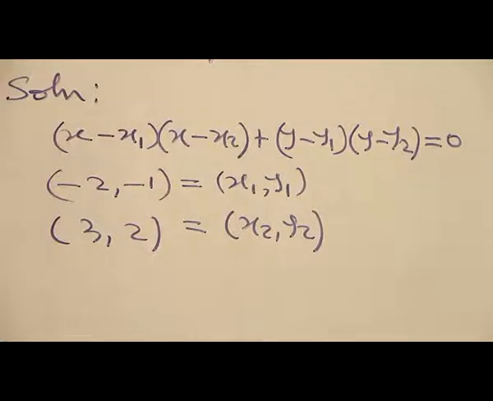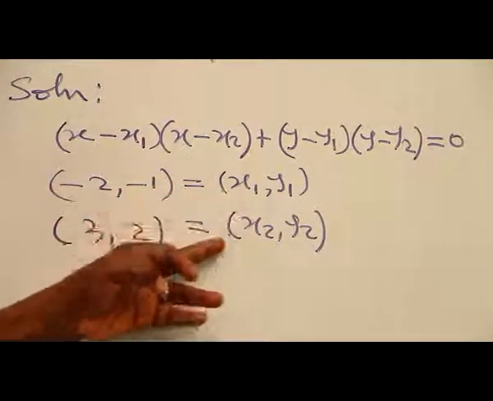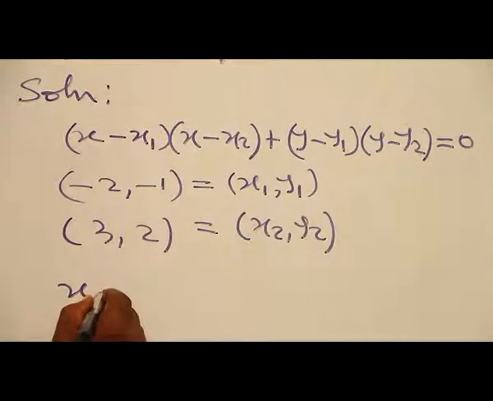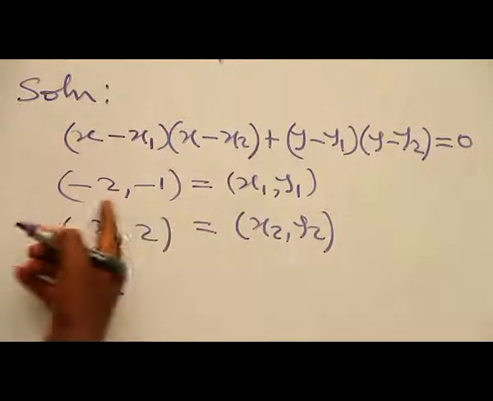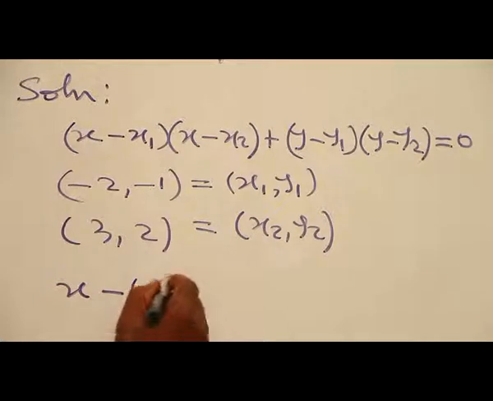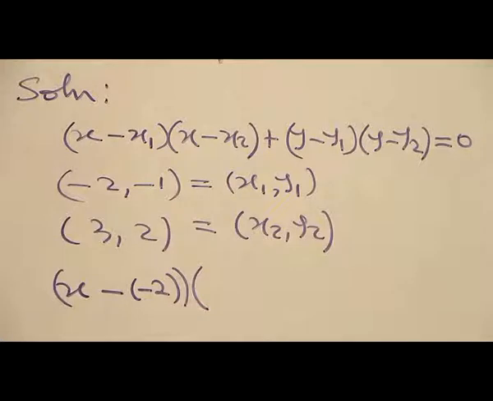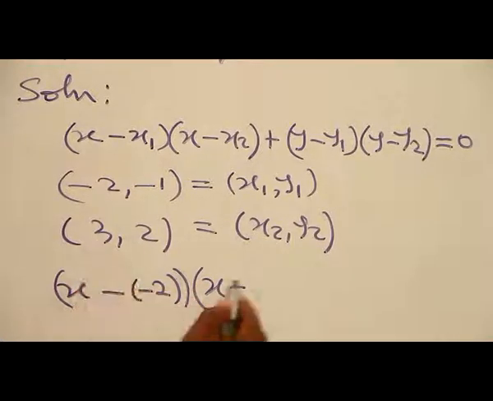Now, replacing each of these in the equation, we now have s minus our s1, which is -2, so there's a -2 there. Open the bracket and close it again. Open another bracket. We have our s minus s2. Our s2 is 3.